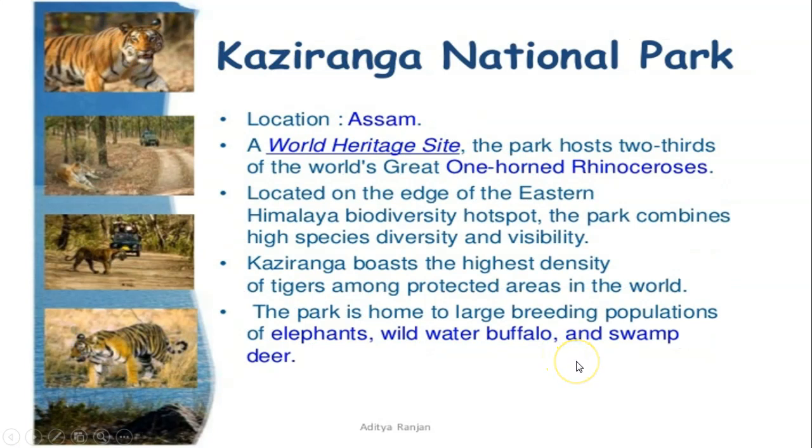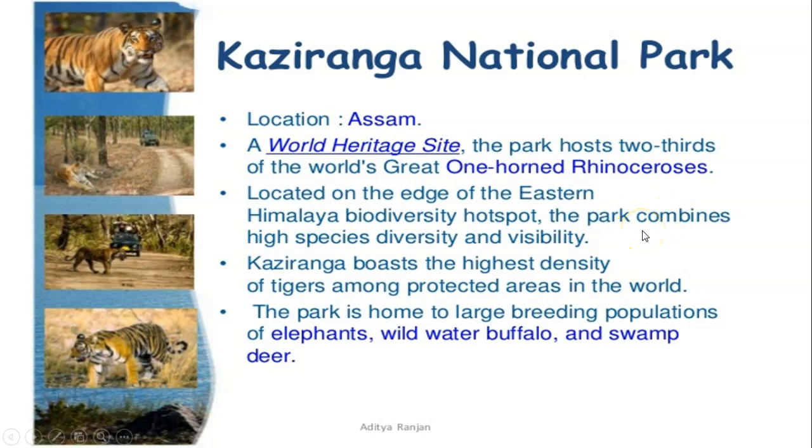Then Kaziranga National Park. It is in Assam, a World Heritage Site. The park hosts two-thirds of the world's great one-horned rhinoceros. So Kaziranga is for the conservation of rhinoceros.